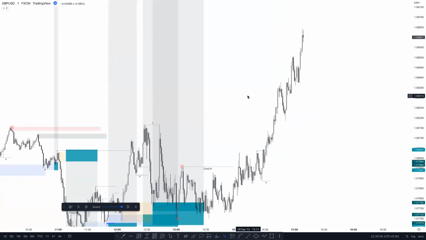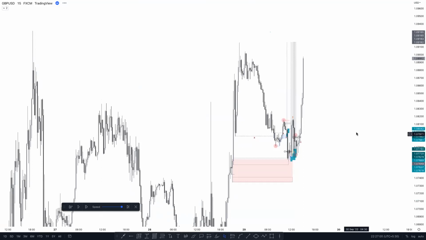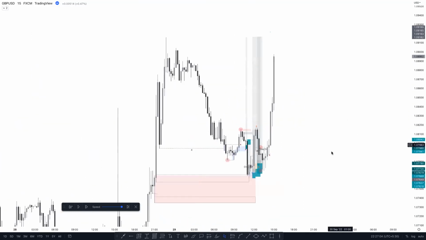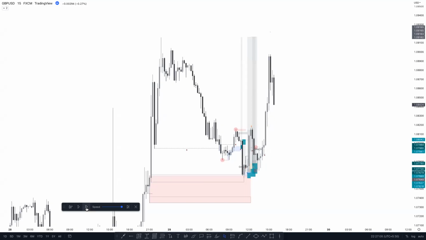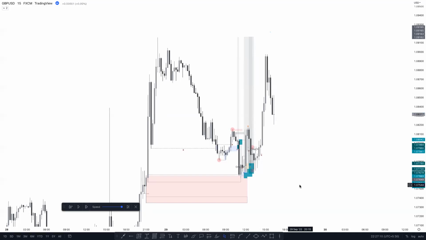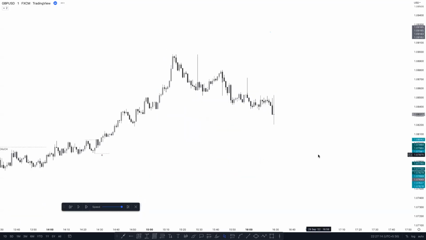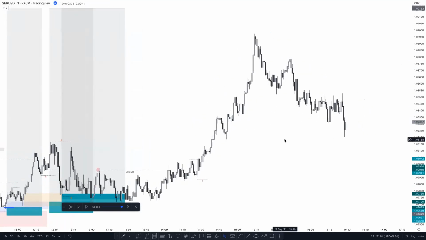Now you have to check the 15-minute structure. What is happening here? Because market already pushed higher. Okay, there is no pullback. Again, switch to 1-minute structure. Okay, so in this one, where is our inducement?